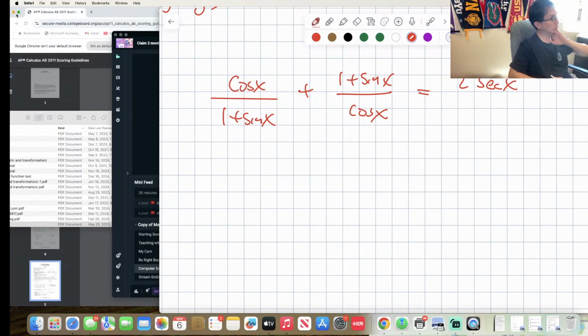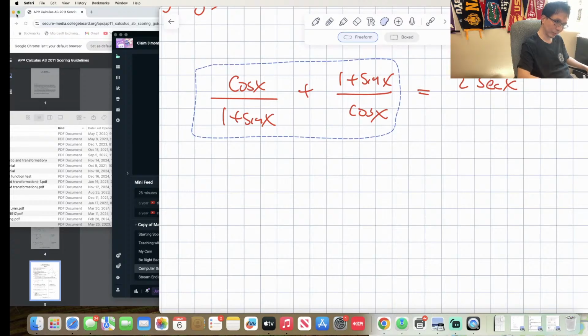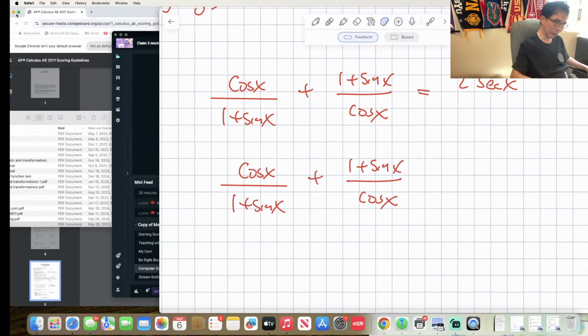How does the one go away? 1 minus 1. Well, I put plus one. Oh, yeah, that's 2. That's 2 plus 2. Put it all in there, so it's like the same thing with 2.